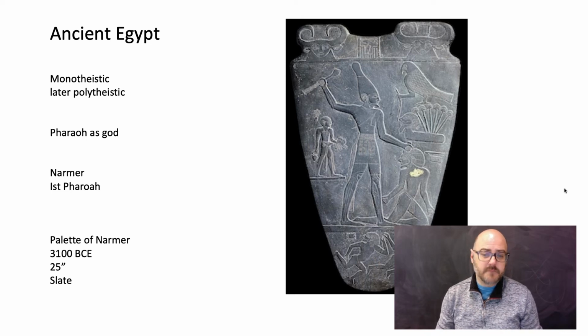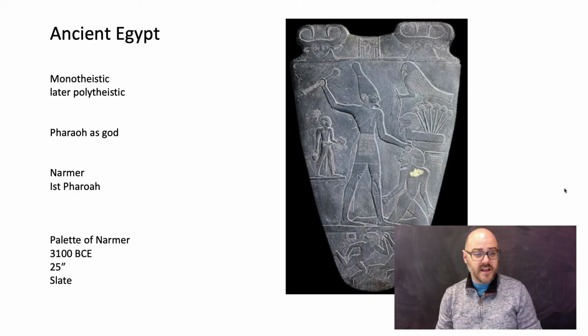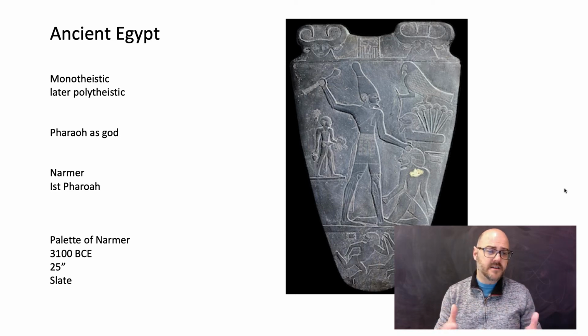They worshipped many gods like Isis, Osiris, Horus, and many, many others. Polytheistic means to worship many gods. Monotheistic, mono, one, means to worship one god. Later, which we'll talk about in a bit, it becomes monotheistic again for a brief period, and it has something to do with who is in power at the time.